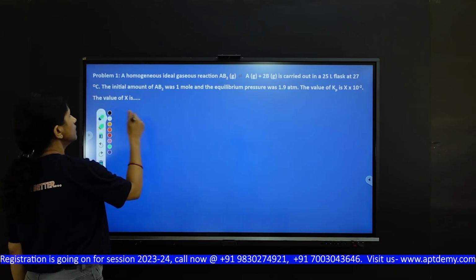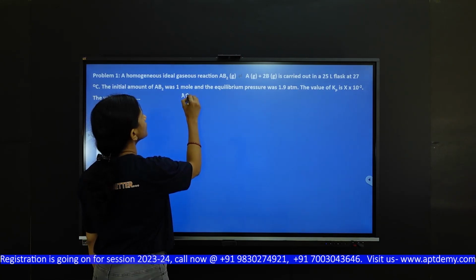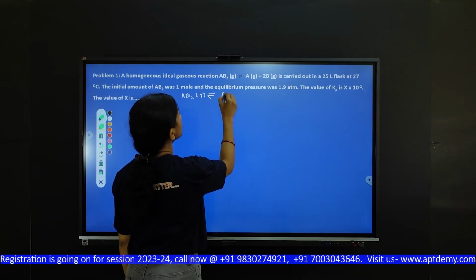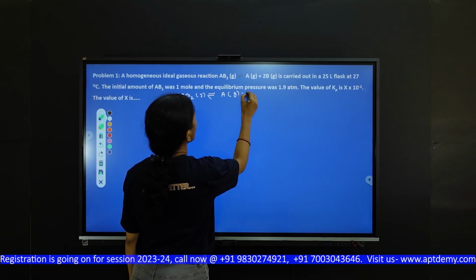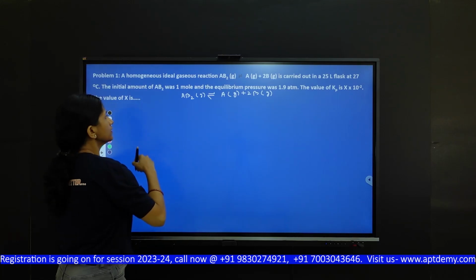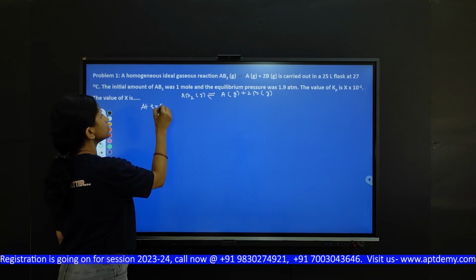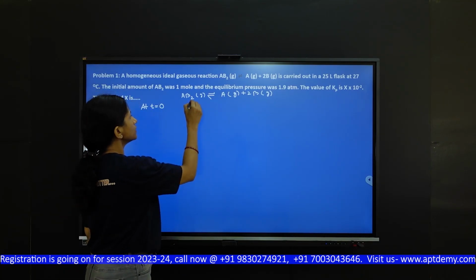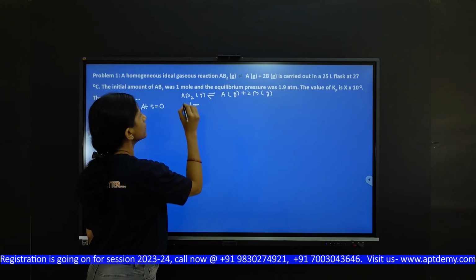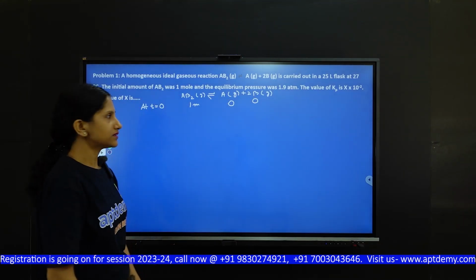First of all, let's write down the equation once more. AB2 gas is giving you, in equilibrium condition, A gas plus 2B gas, right? Now initially, that means at t equal to 0, the number of moles of AB2, the reactant, is 1 mole and we don't have any product, so the number of moles of products is 0.